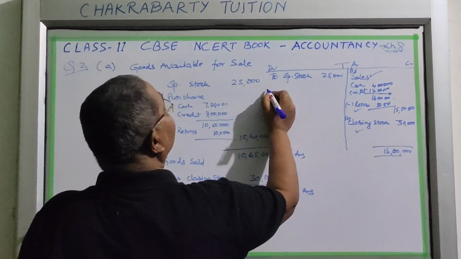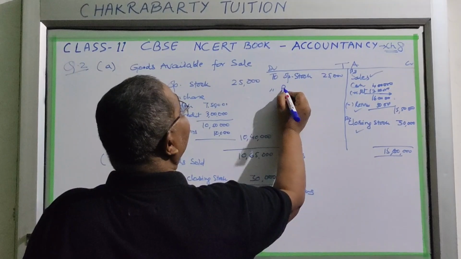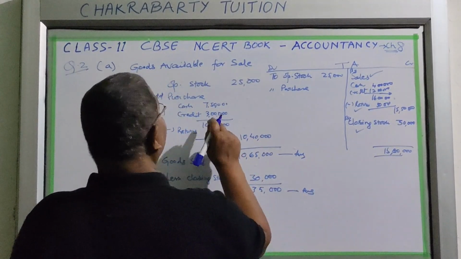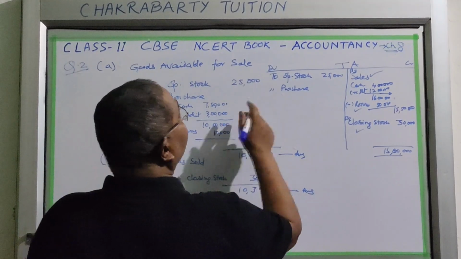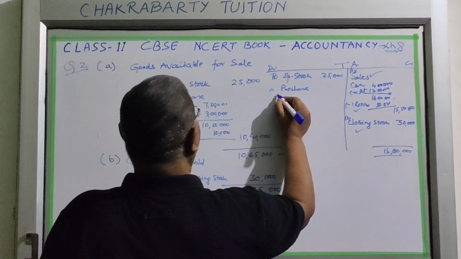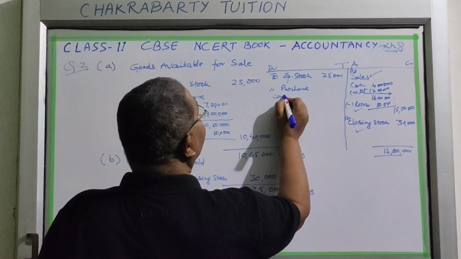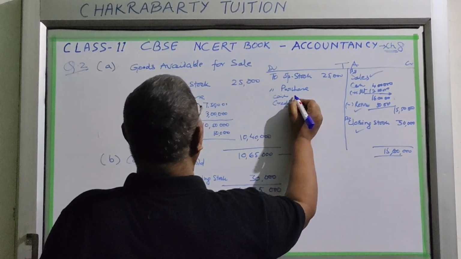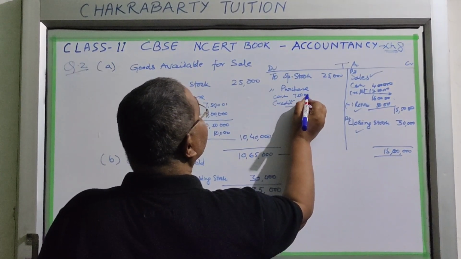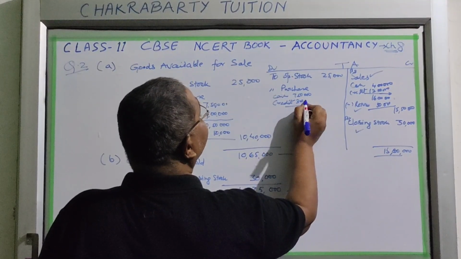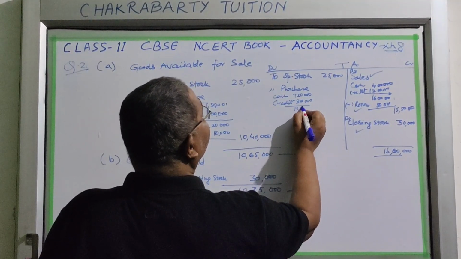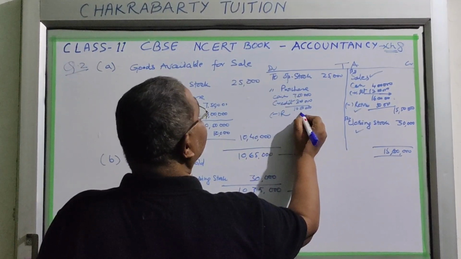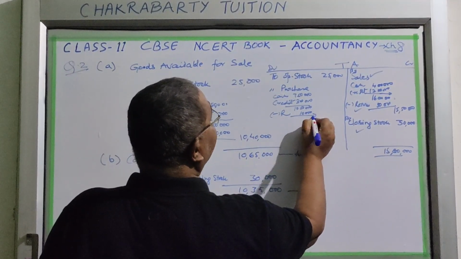Second is purchases less returns. Purchases you have calculated as 10,50,000, so you write cash and credit, 7,50,000 and 3 lakhs, which is 10,50,000, less returns of 10,000.